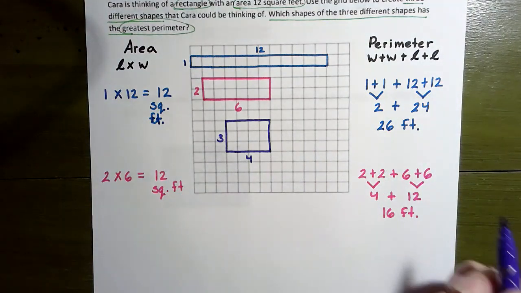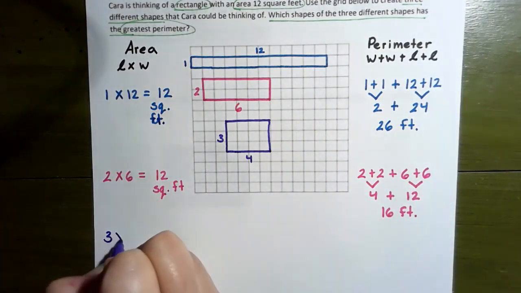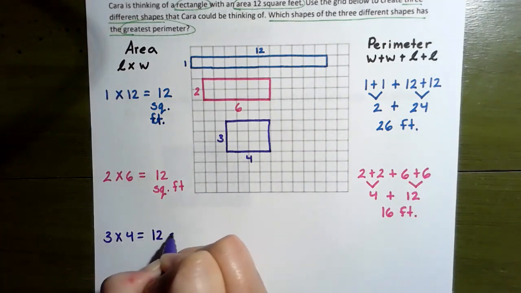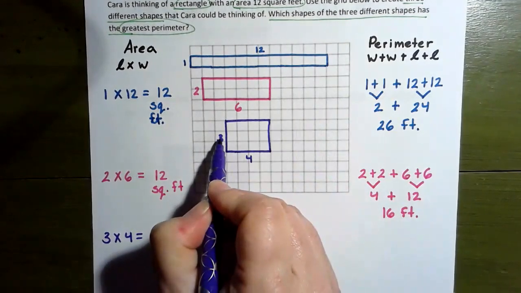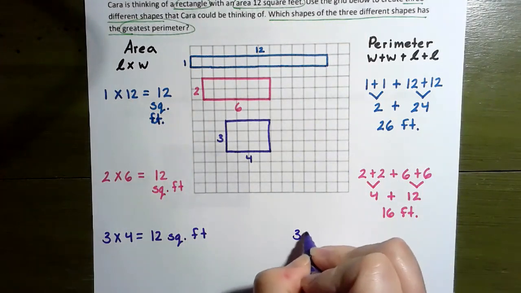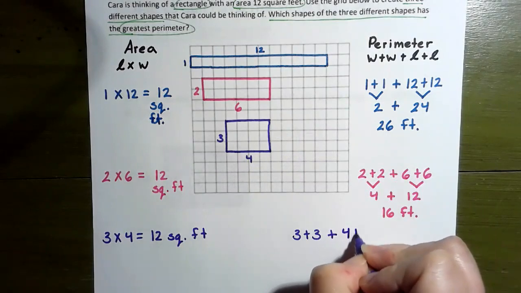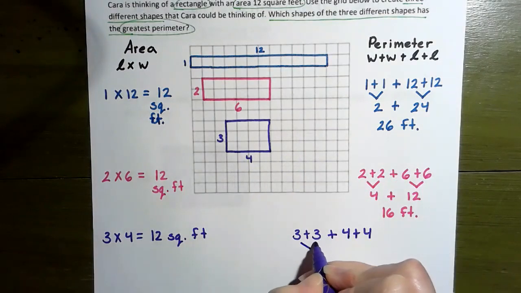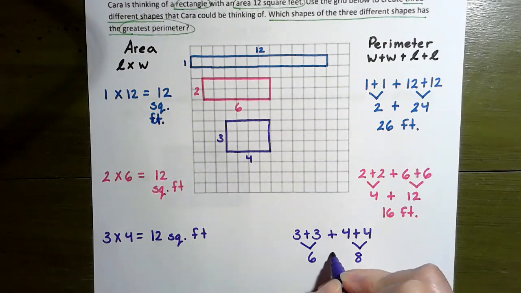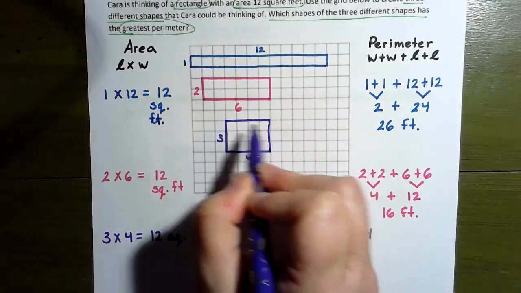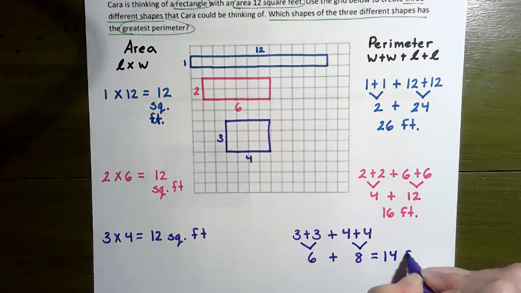Again, we can find area by multiplying length times width, or 3 times 4. And we can find the perimeter by adding width plus width, 3 plus 3, plus length plus length, 4 plus 4. 3 plus 3 is 6, and 4 plus 4 is 8. So the perimeter for this purple rectangle is 6 plus 8, which is 14 feet.